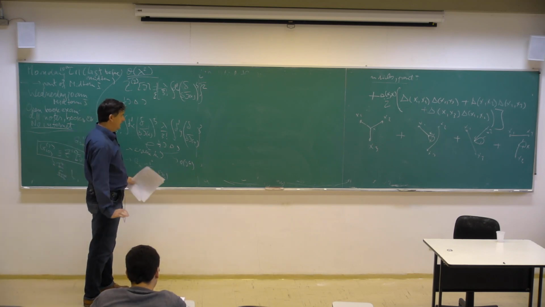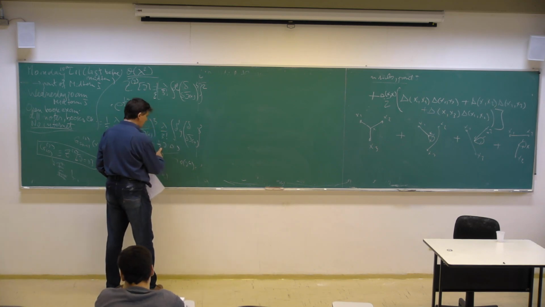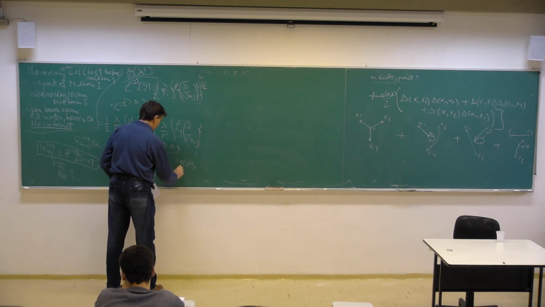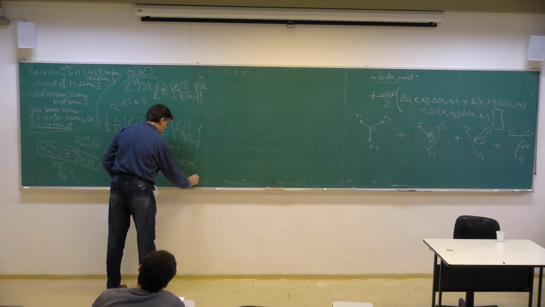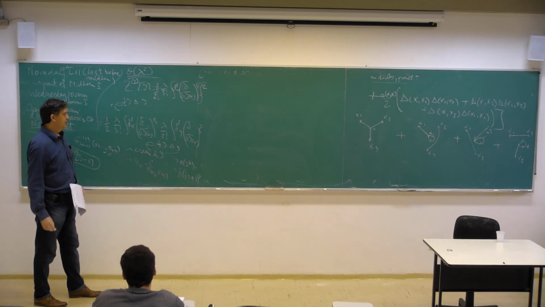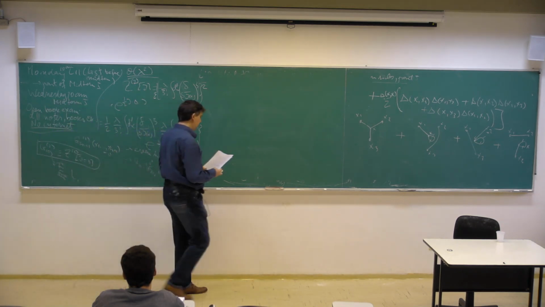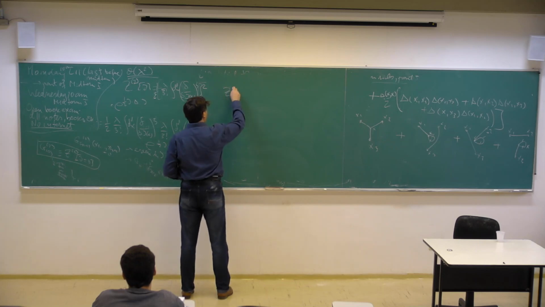That will be the only one non-zero, right? So the order j to the 6th term is the cube power of this exponent, because this is already quadratic in j. So that is 1 over 3 factorial times this 1/2 j dot delta dot j cubed, right? So that's the only non-zero term.